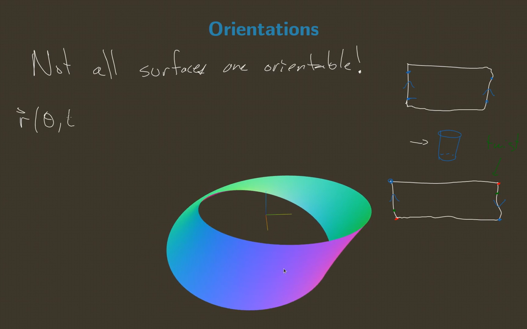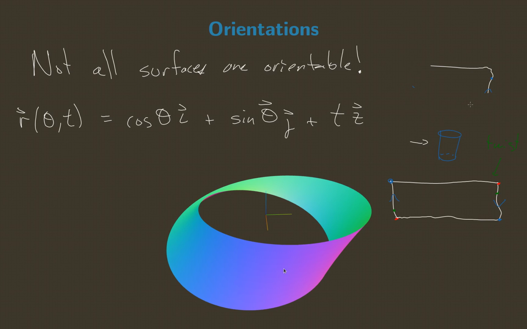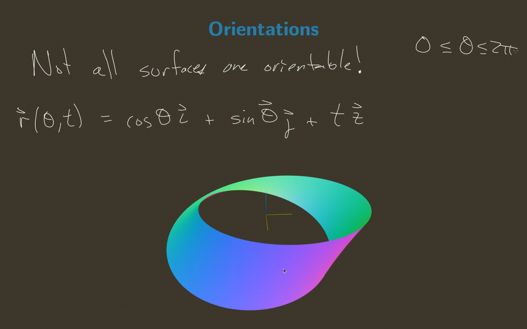Let's take r of theta and t is cos theta i plus sine theta j plus t k, and we'll take theta between 0 and 2 pi as usual, and then t between 1 and -1.